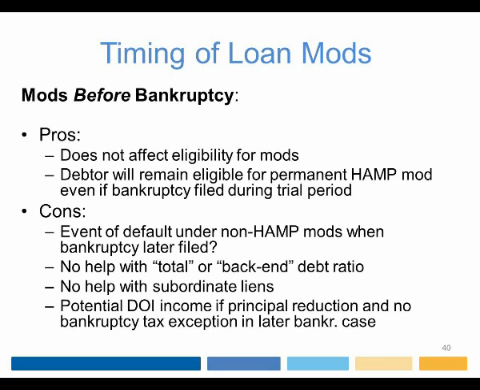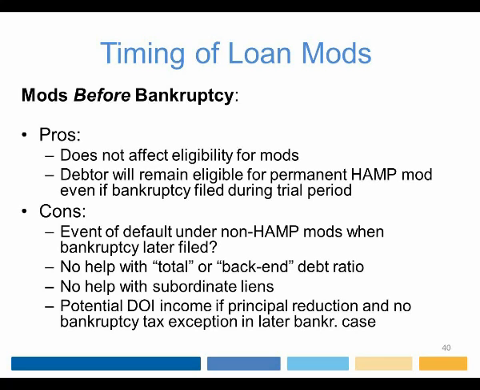So what I'd like to just very quickly cover, and this is kind of a complicated thing, is this whole question about, if you are going to try to get a modification or thinking about it or have one, when is the time to do it if you're considering bankruptcy?